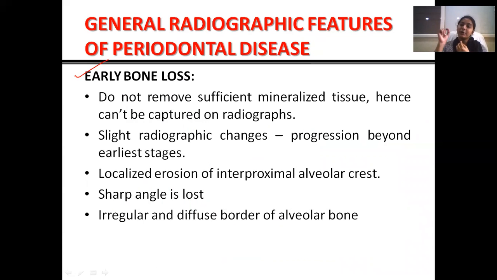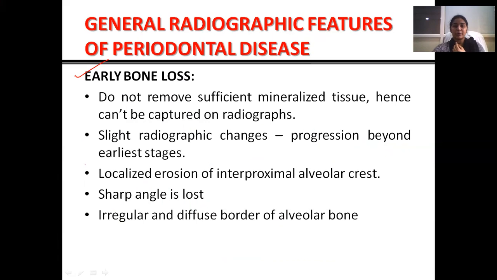But if we are noticing slight radiographic changes, it means that the early stage is already crossed. Okay, that is why we are able to appreciate such changes on radiogram. So remember that it takes around 6 to 8 months of destruction in order for us to see the radiographic change. So if you are seeing the slight radiographic changes, it means that it is beyond the early stage. The progression has crossed the early stage.